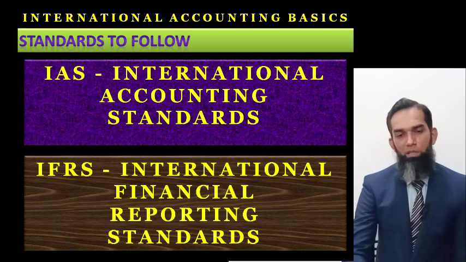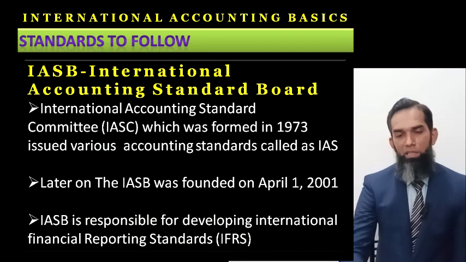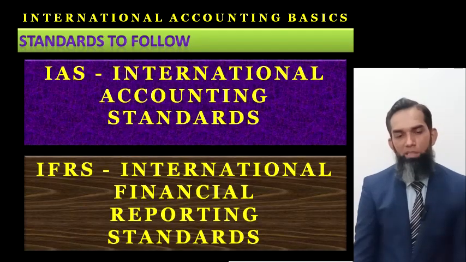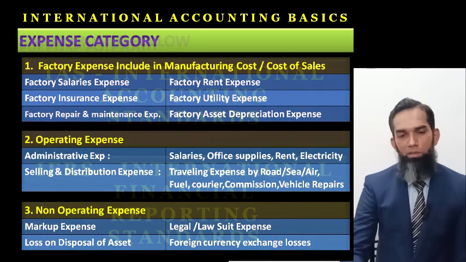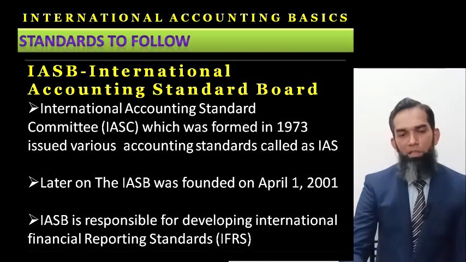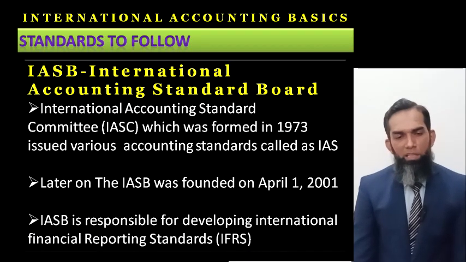If we talk about why they changed their standards from accounting standards to IFRS, basically, coming to that slide, the International Accounting Standards Committee was formed in 1973 in America, by British and US consensus.